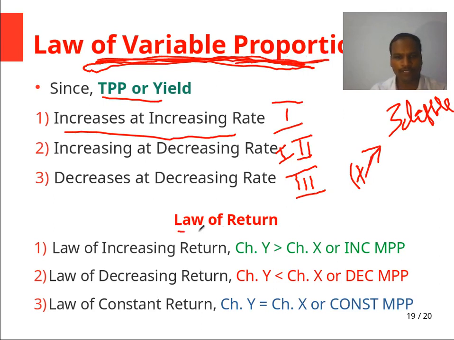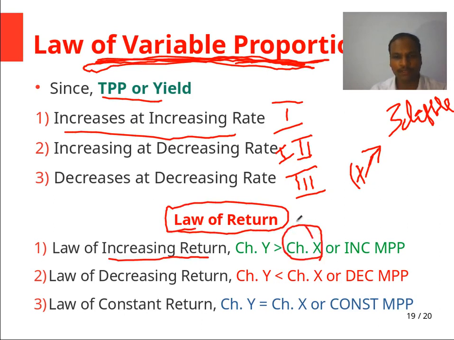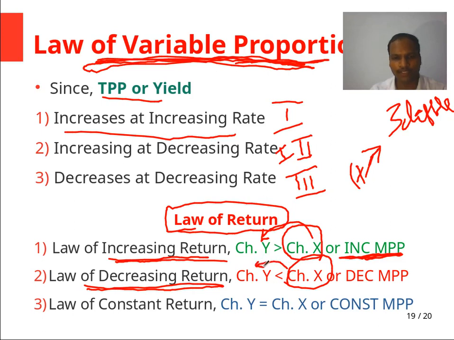So based on this, there are 3 laws of returns. One is law of increasing return. So the change in X will cause more change in Y. That is called increasing return, law of increasing return. So here the MPP will be higher, increasing MPP will be there. So law of decreasing return means when we change the input, the output will increase, but it will not be much proportional.